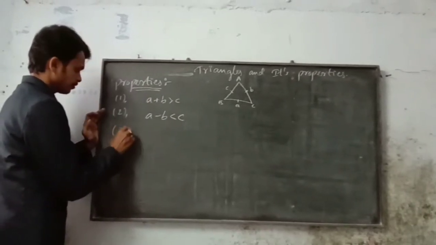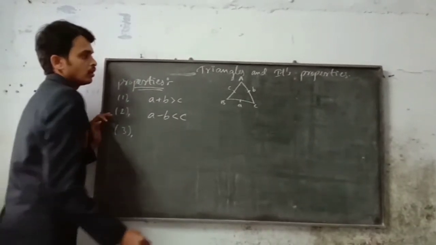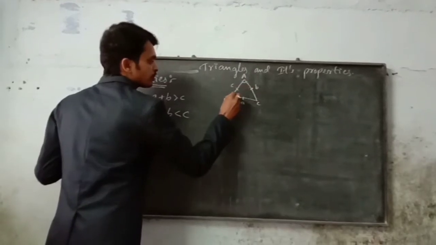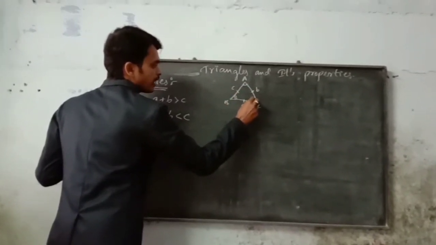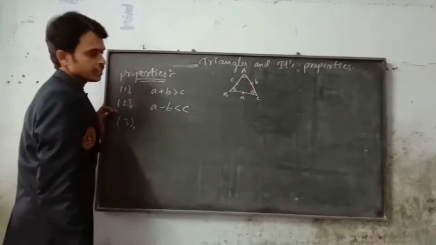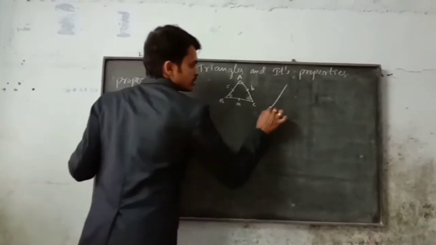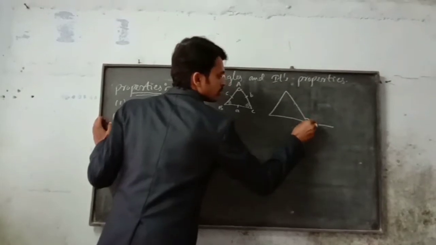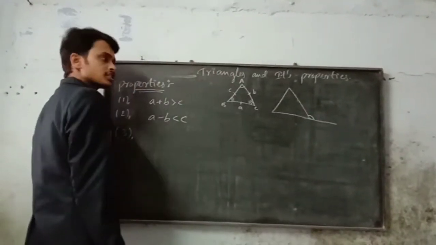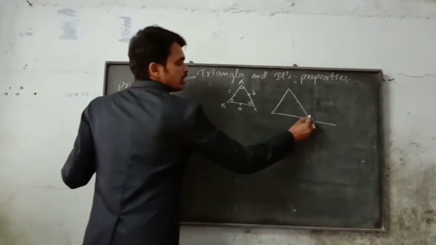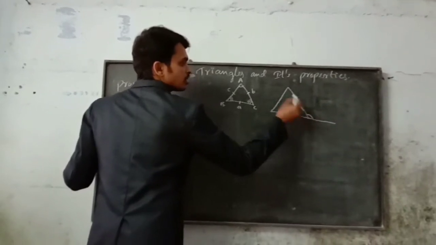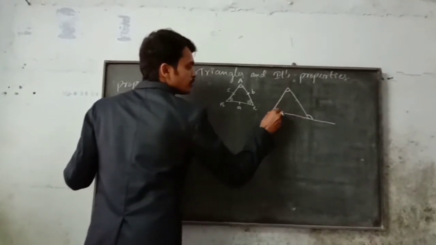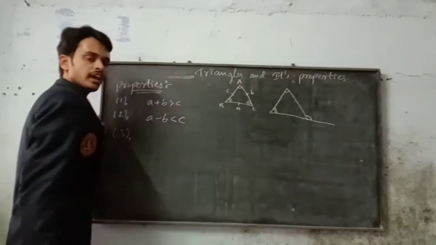And just now we said the sum of three angles of a triangle is 180 degrees. In a triangle we can also form an exterior angle. The exterior angle is equal to the sum of the two opposite interior angles.